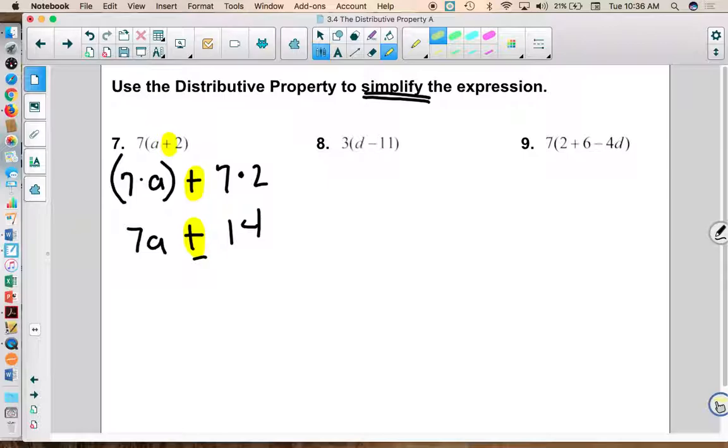Okay? And that's what I saw kiddos missing. They didn't know where to put the pluses or the minuses. All right? Okay? So, expand number 8. Expand that distributive property. What's it going to say? If I expand it, how do I write it?